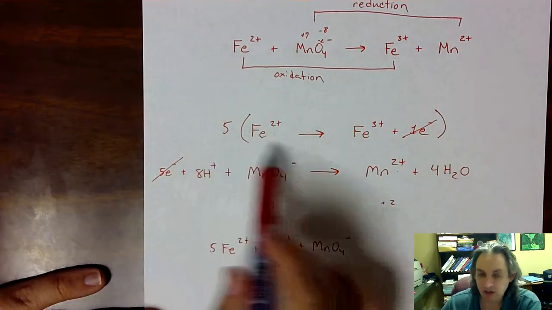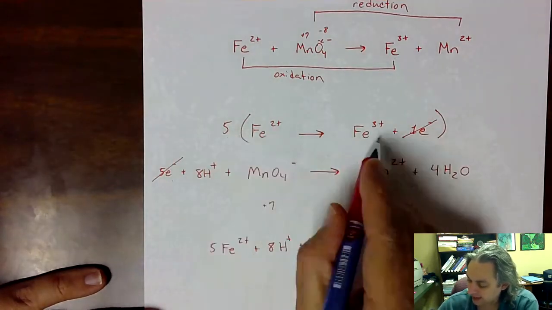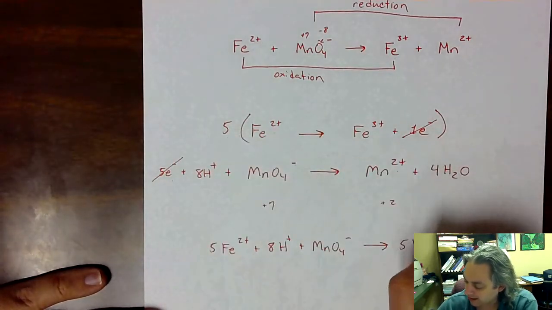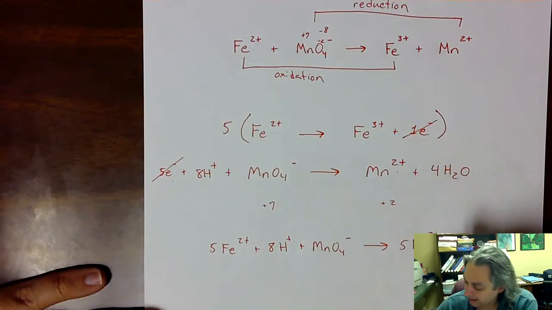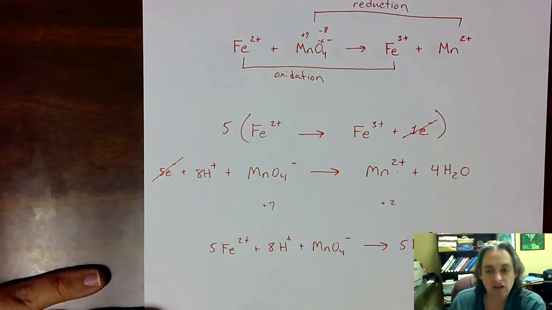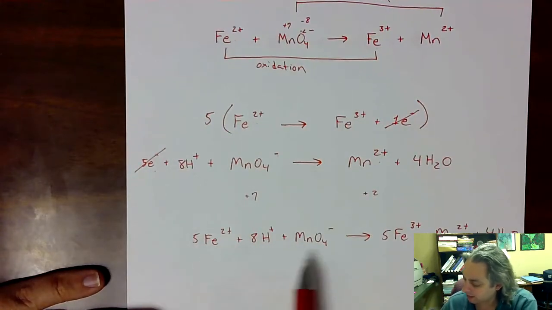That's everything on the reactant side. Now what about the product side? This 5 goes over here to a 5 Fe3+, we have an Mn2+, and 4 waters. Now what we need to do is, do we have anything that's the same on both sides? And we do not.